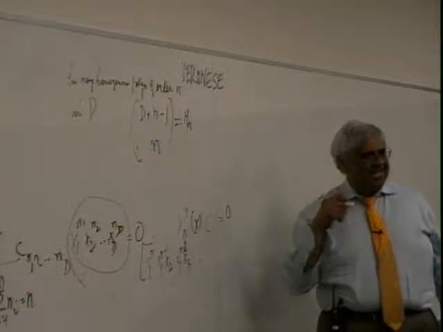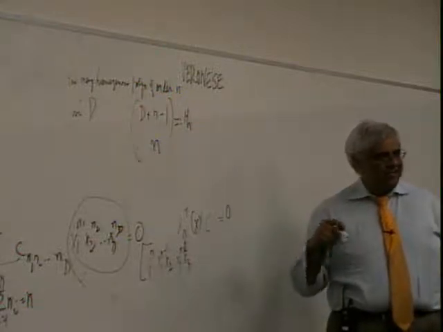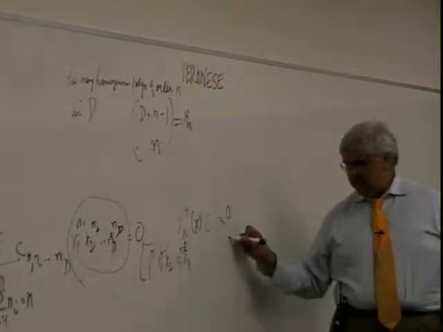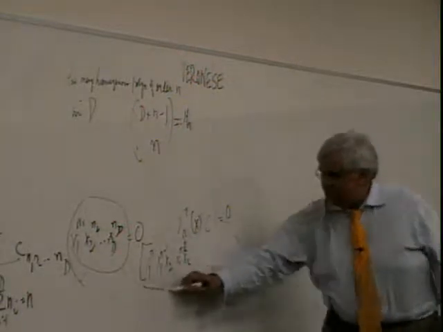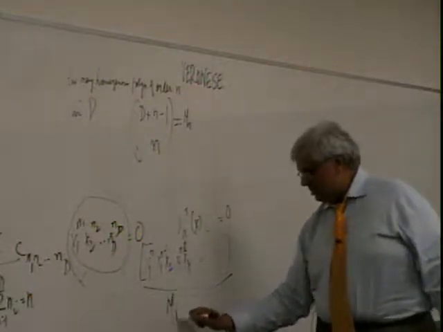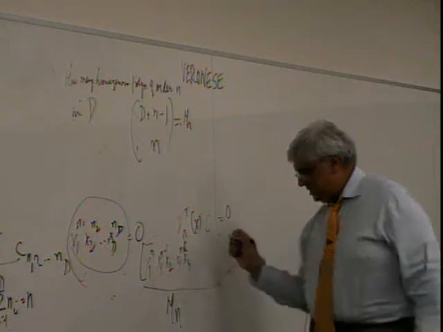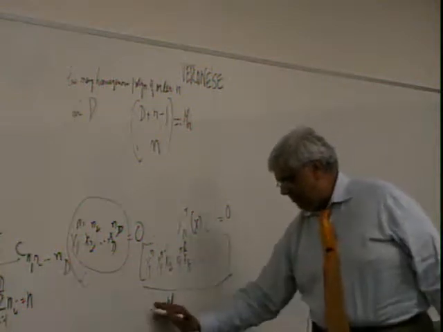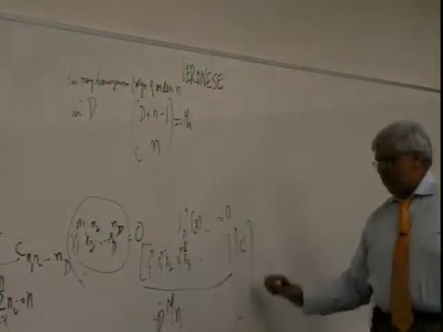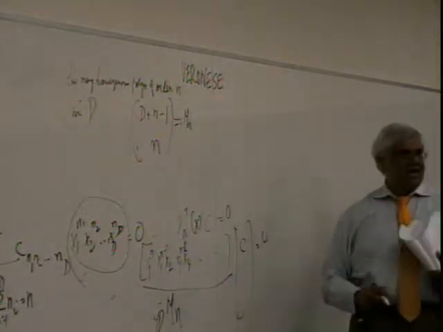It's called the lexicographic order, where you write all these polynomials, x1 is big. So anyhow, it's all sort of fussy stuff. But this vector belongs to R^(m_n), and c also belongs to R^(m_n).